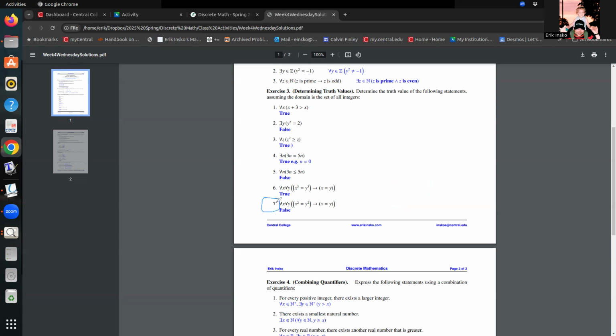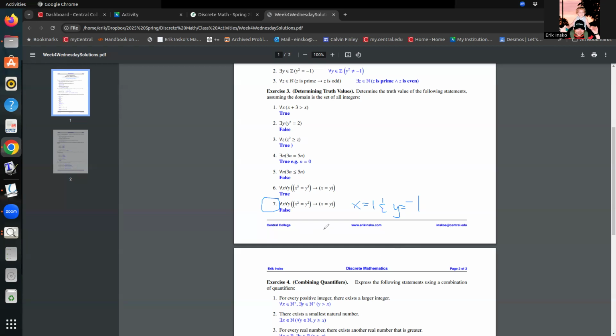Now let's look at problem number 7. It says for all x and for all y integers, if x squared equals y squared, then x equals y. And I claim that this is false, and here's why. A counterexample would be x equals 1 and y equals -1.